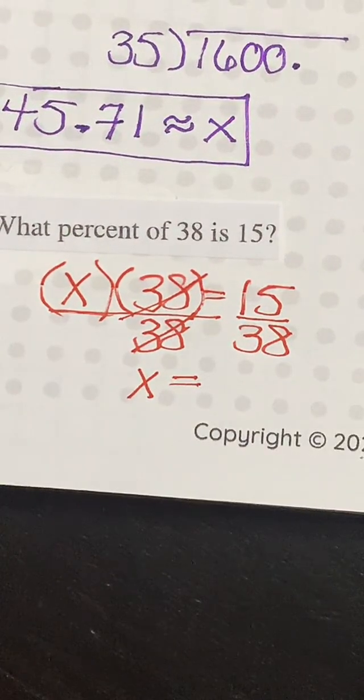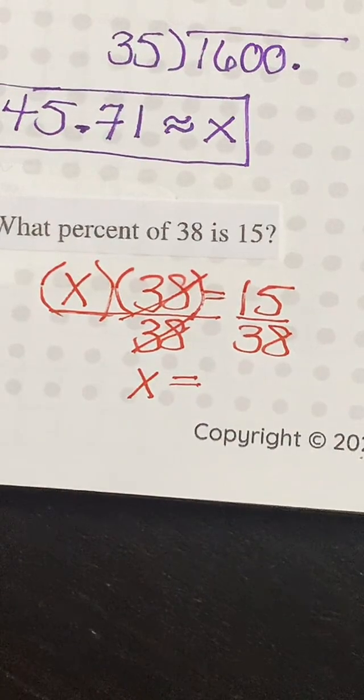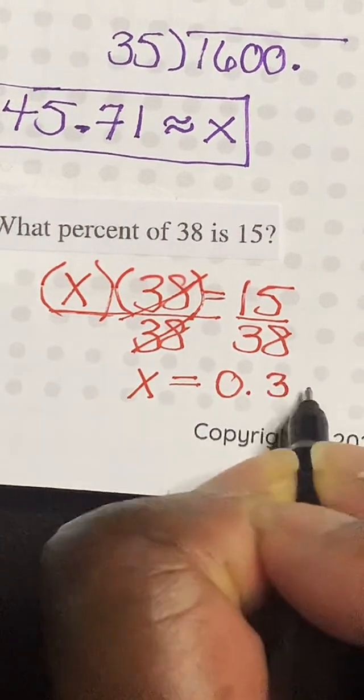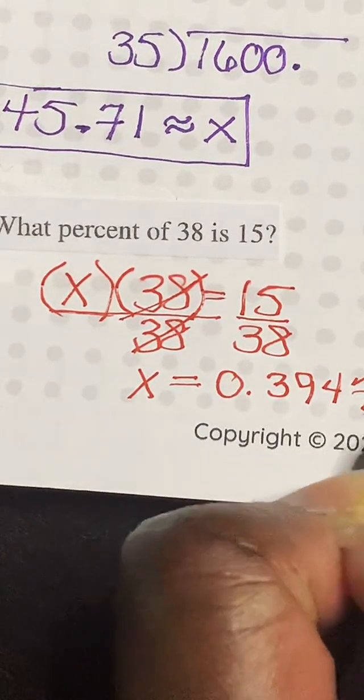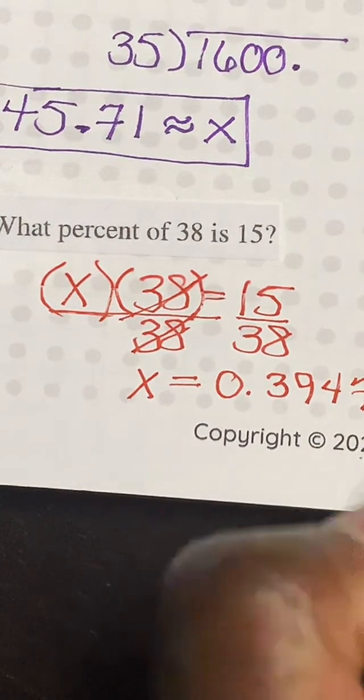And then most of the time, you're probably going to have this on the test, where you're not going to be able to use a calculator. But it's roughly 0.39473. I'm going to say 37.